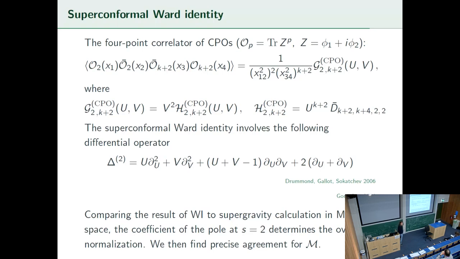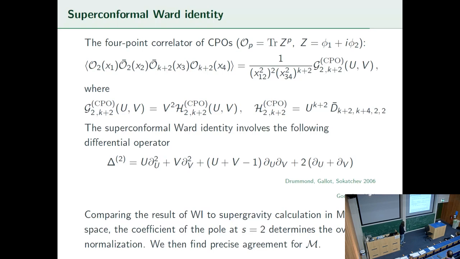This correlator has been computed in many different ways in the literature, and it's completely known. The stripped correlator factorizes into the product of some quadratic function of u and v, which comes from the solution of the superconformal Ward identity, and some function that I'm calling curly h, which for this dimension is given here.